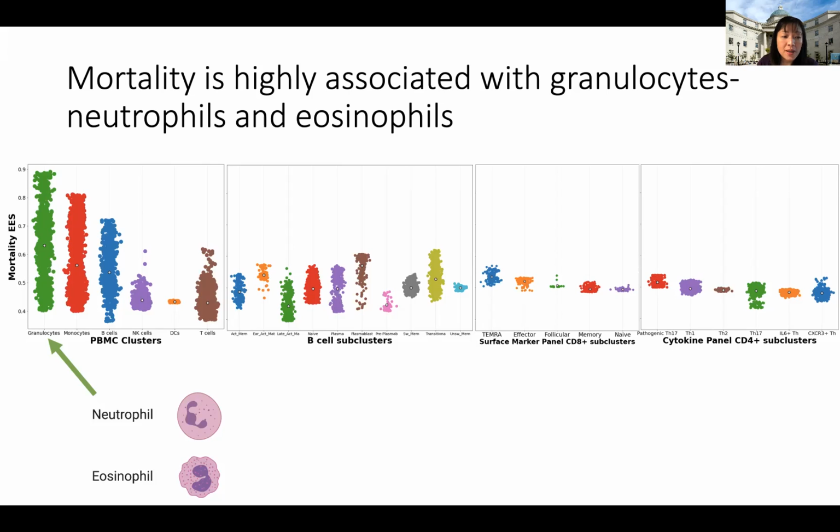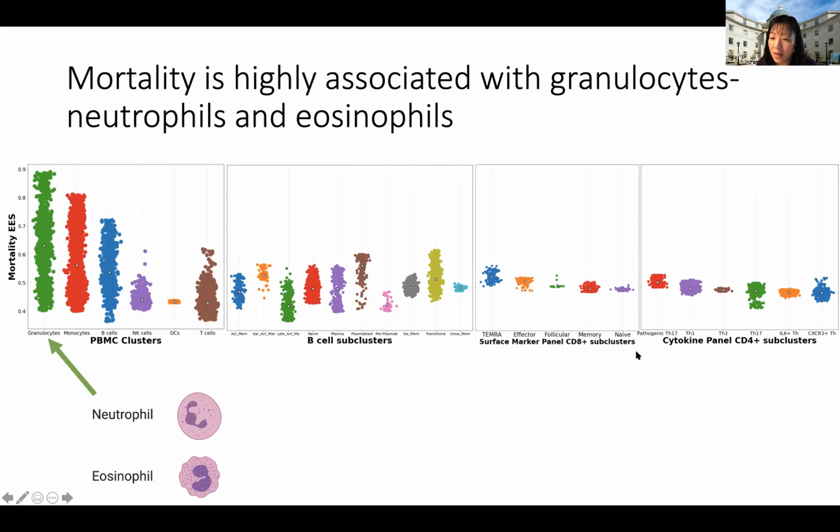And so I asked him to plot all the different cell types, and there's many more. I just shrunk them into something that can fit in the screen, of different PBMC clusters, B cell subsets, different CD8 T cells, and different CD4 T cell subsets.